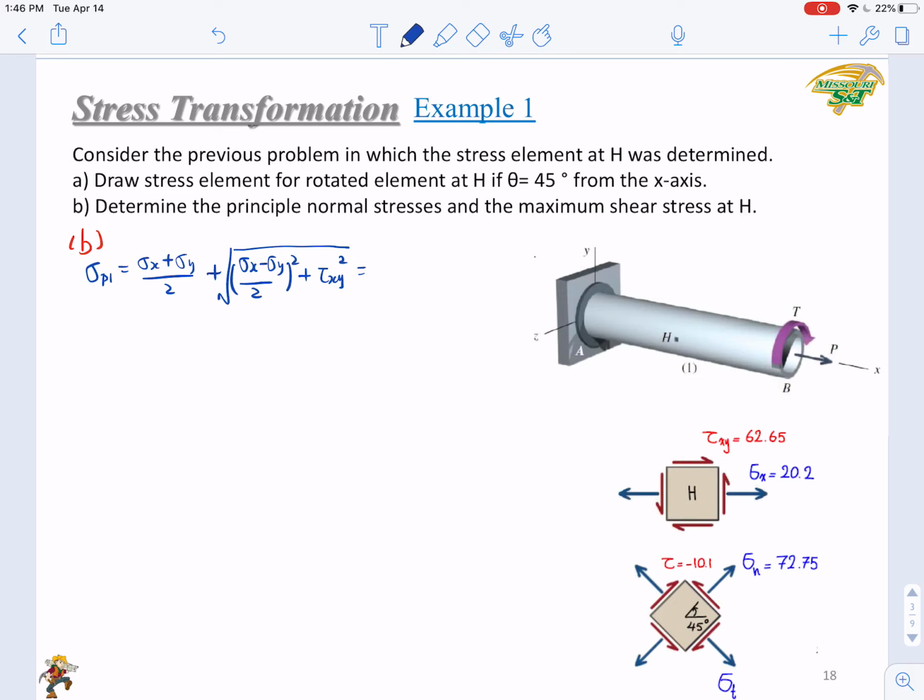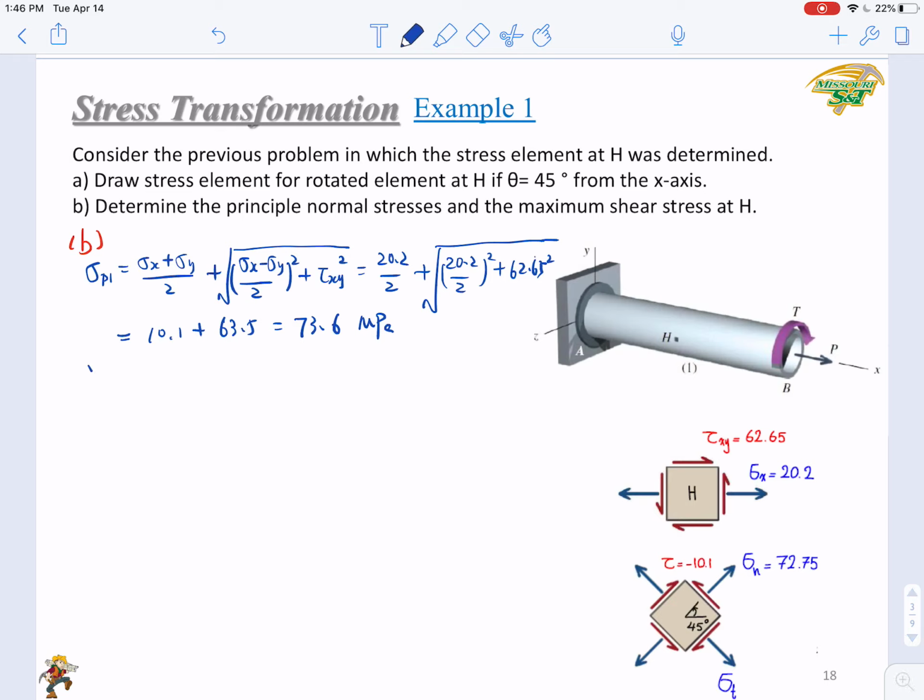Here you have 20.2 over 2 plus the square root of 20.2 over 2 squared plus 62.65 squared. You will get 10.1 plus 63.5, that is 73.6 MPa. This is the first principal stress.